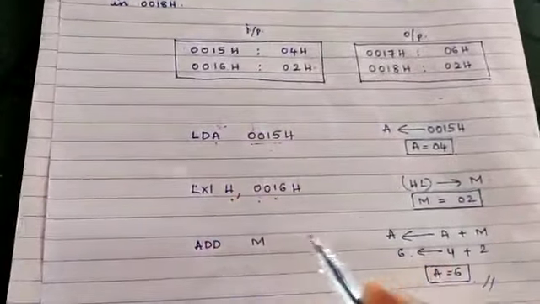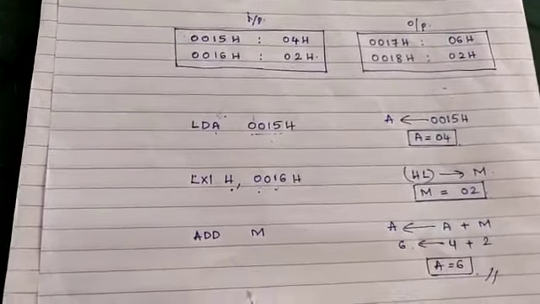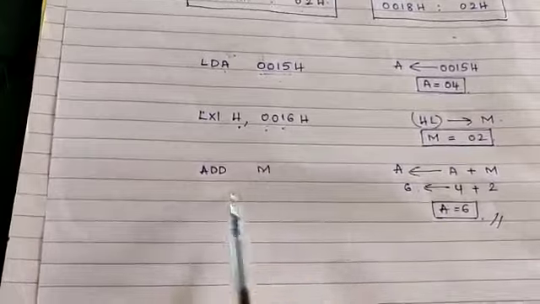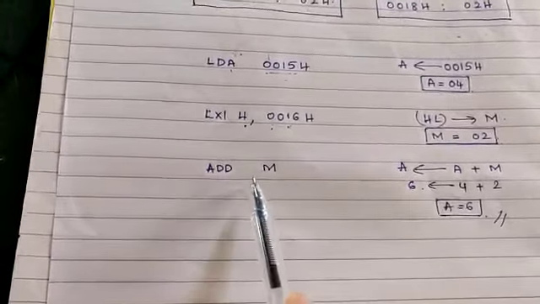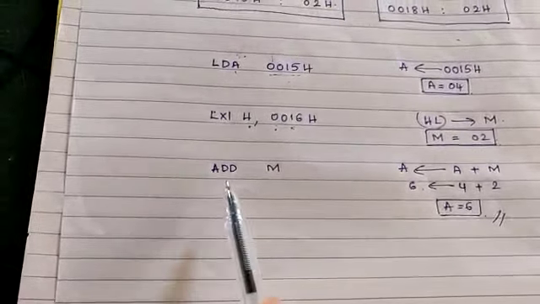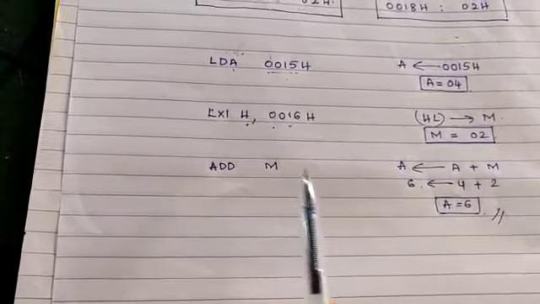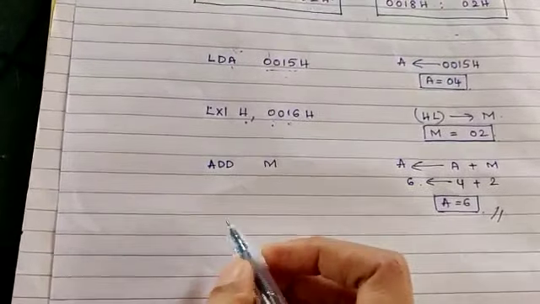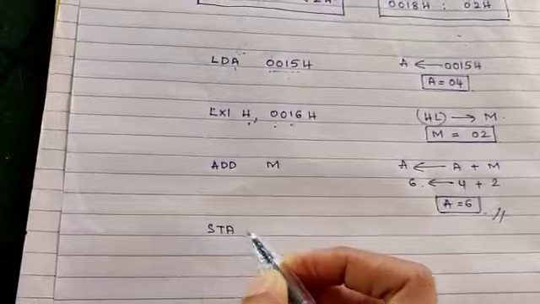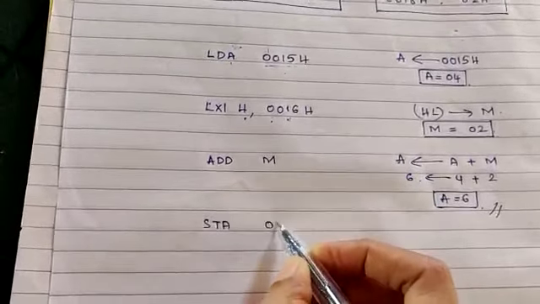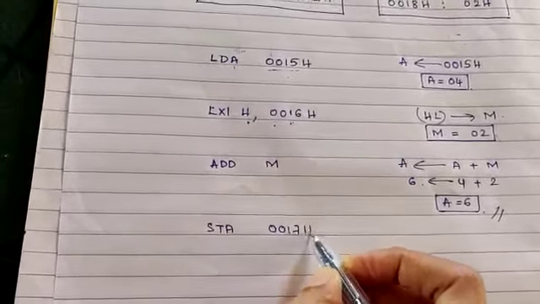So that is why we need some instruction which will bring the content from this accumulator and store it in the memory location 0017. We already have the STA instruction, as we know, and we can take the memory address 0017H.